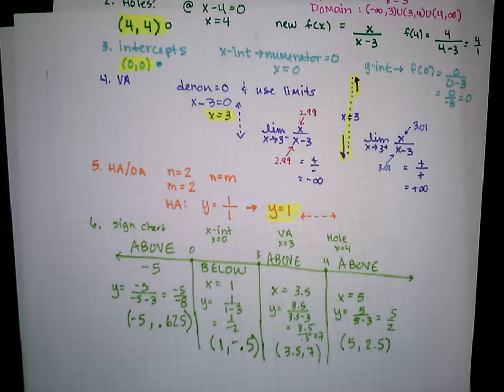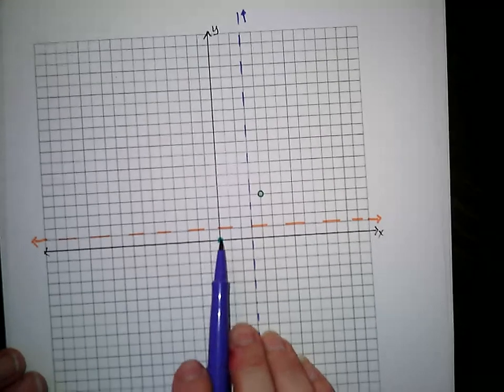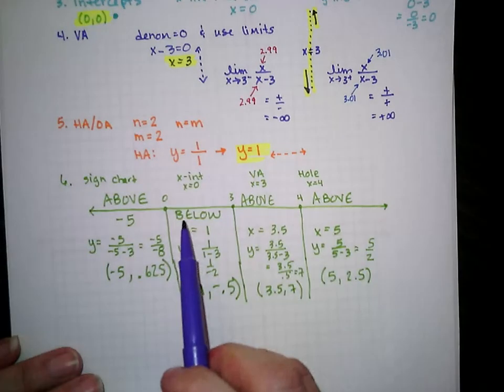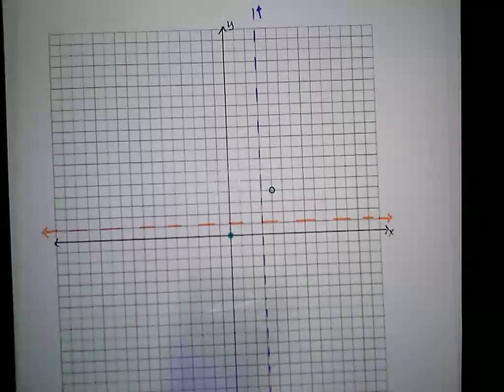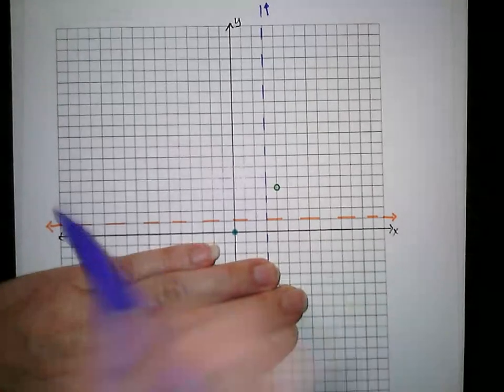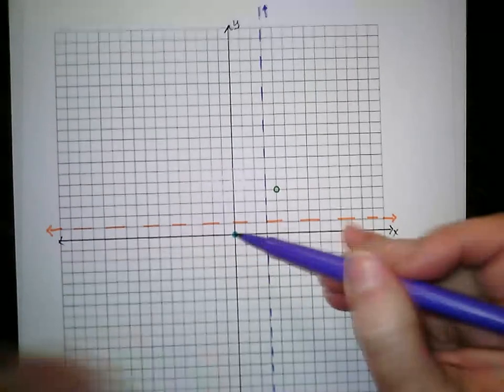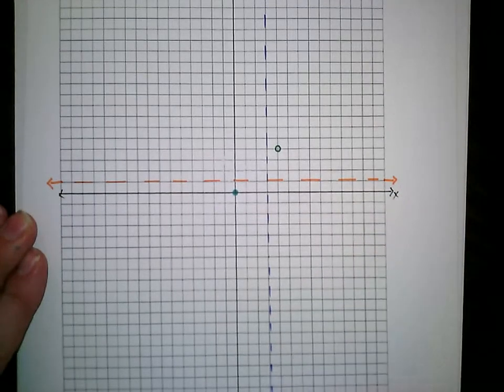No, I did not. We're good. And then it's going to cross through the x-axis here. I lost track of myself for a moment. And then it's going to be below the x-axis until we get to 3. So above the x-axis in this section until we get to 0, it crosses through right there, and then it's below the x-axis after that.